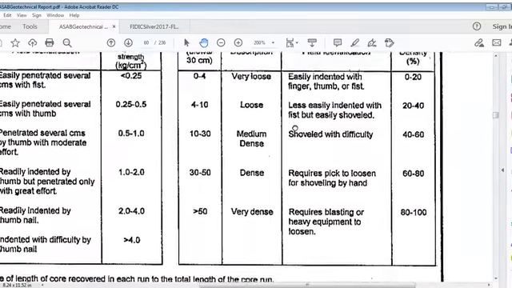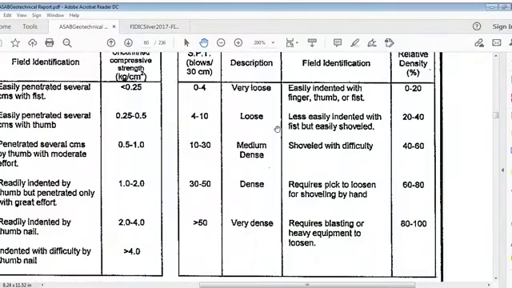Then 4 to 10 is loose, less easily indented with fist, but easily shoveled, and its density is 20 to 40.